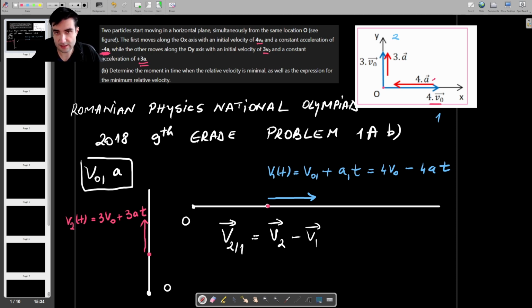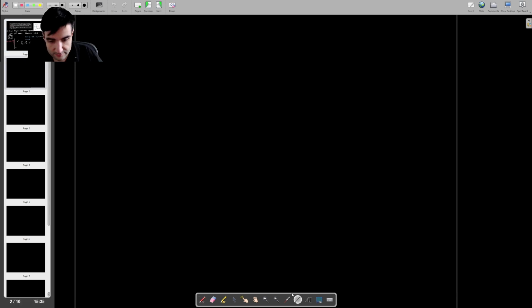So I think it's easier for someone in 9th grade to actually draw out the triangle. Let's start with the velocity of particle 2, which is this. I'm going to call this v2. Then we have the velocity of particle 1, which is like this, right?